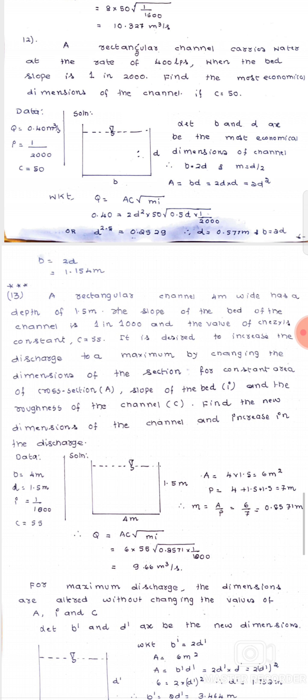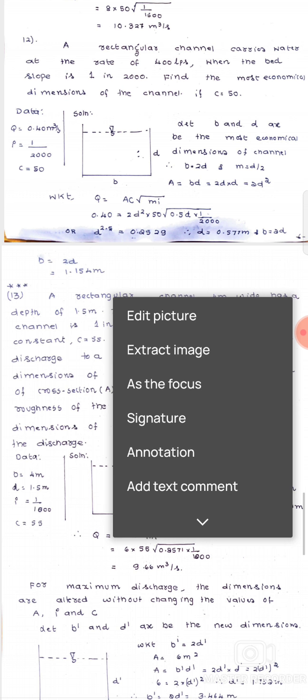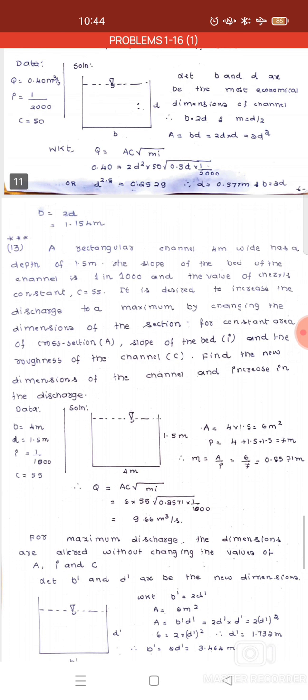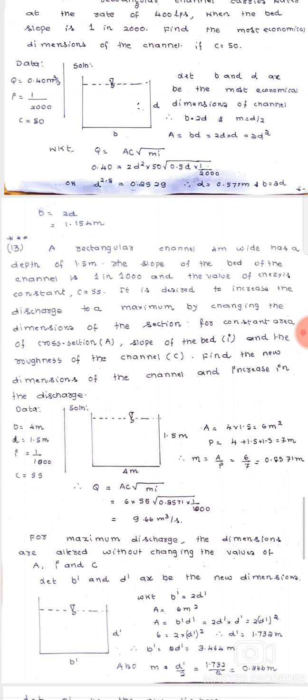Remember, it is not specified as a most economical cross section, but the condition is to increase the discharge to a maximum by changing the dimensions of the section for a constant area, slope of bed and roughness of the channel. Find the new dimensions of the channel and the increase in discharge.